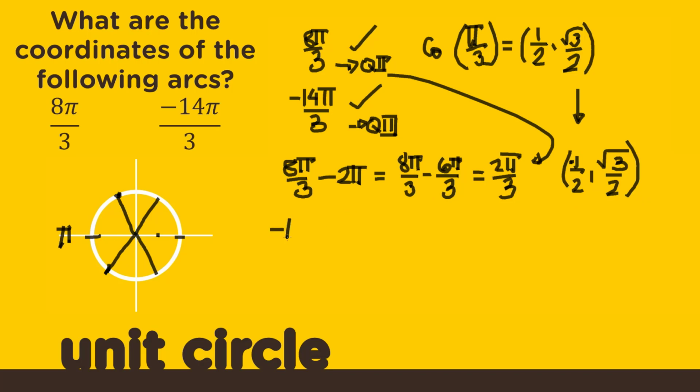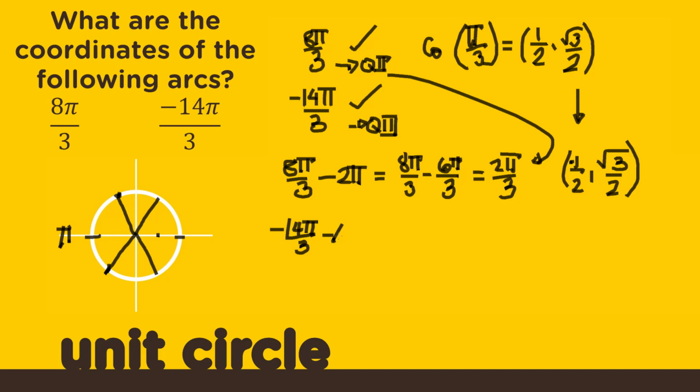Now, how about negative 14 pi over 3? Again, it's just very easy because it's 14. What if it's 714? So you're going to do 1, 2, 3, just like that, etc. You're just going to subtract revolutions. As you can see, this is over 3. Its first revolution is 6, so it's more than 6, that's 12.